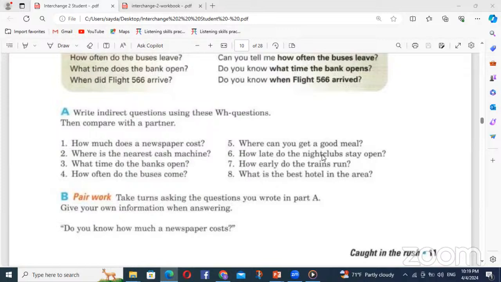Could you tell me how early the trains run?